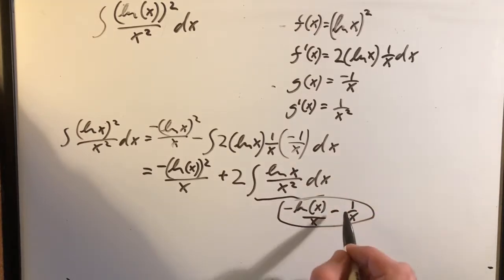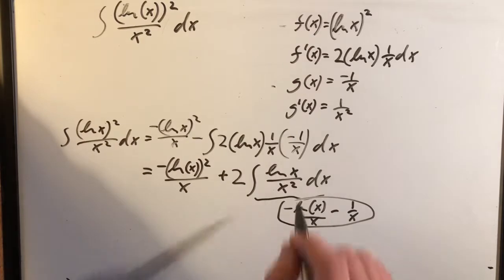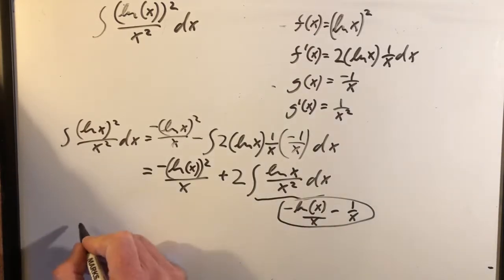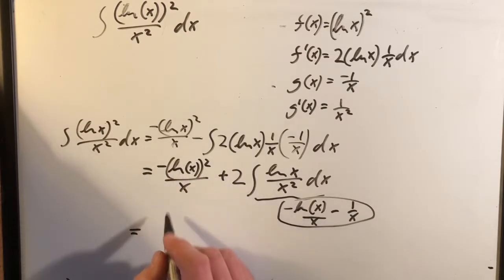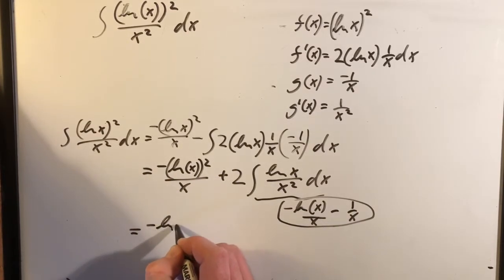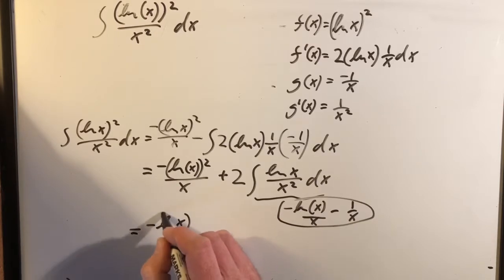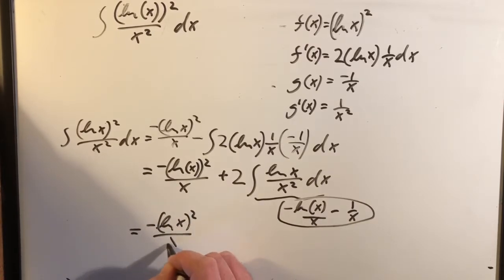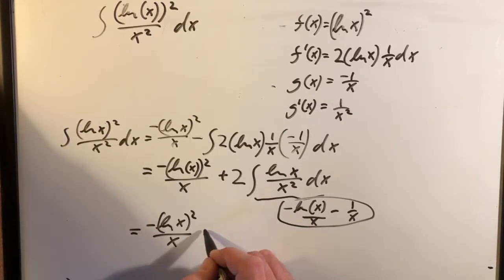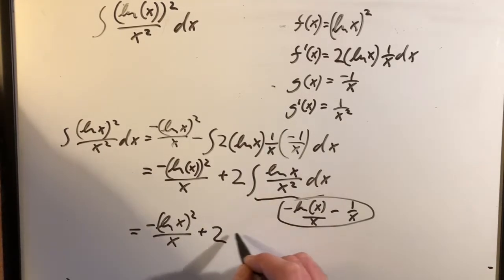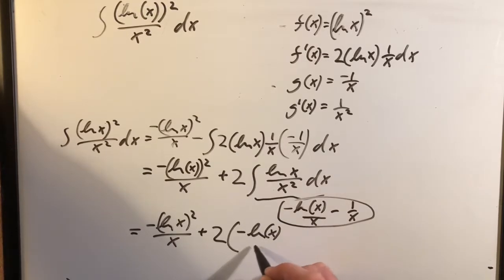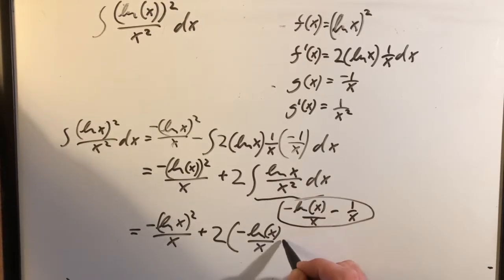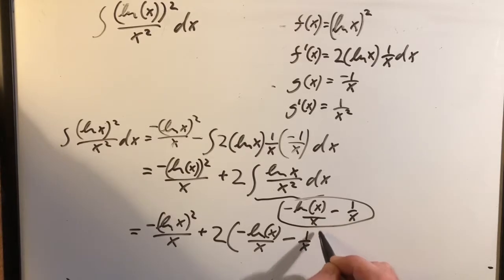So now we can just plug what we got from the first run into the second run, which makes things really, really nice. I'm going to take this part of the equation and rewrite it down here: ln x squared over x, and then plus 2 times negative ln x over x minus 1 over x.